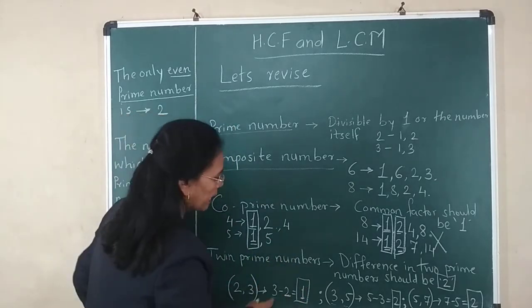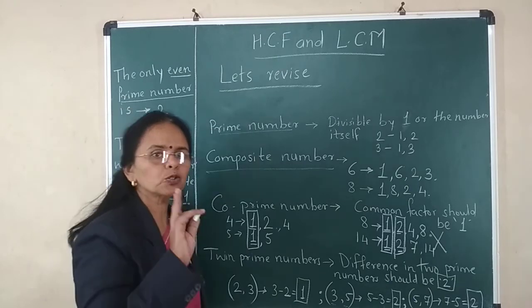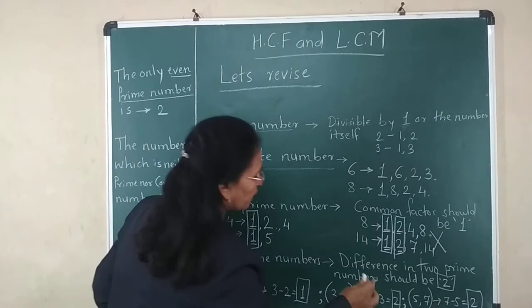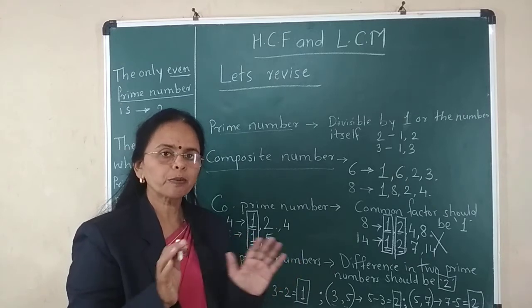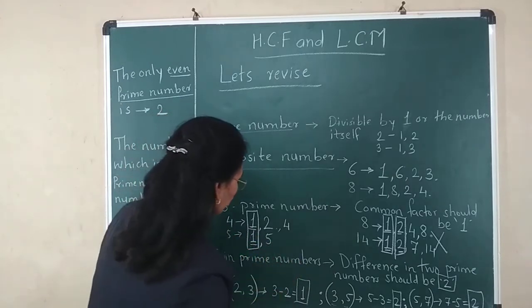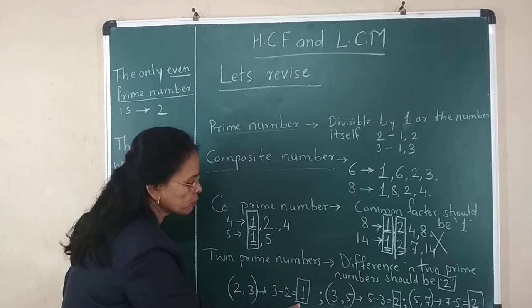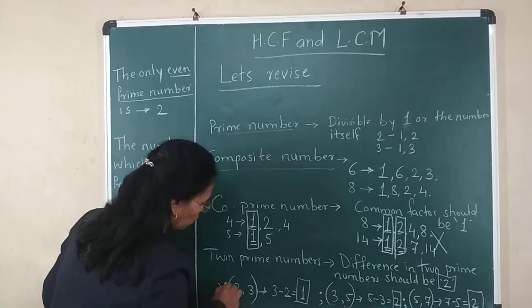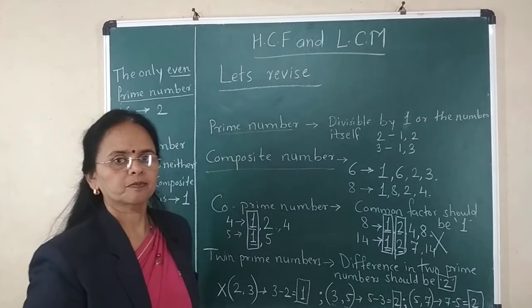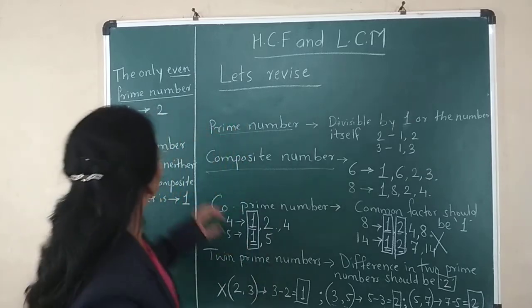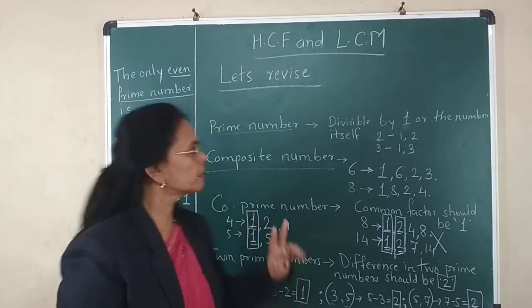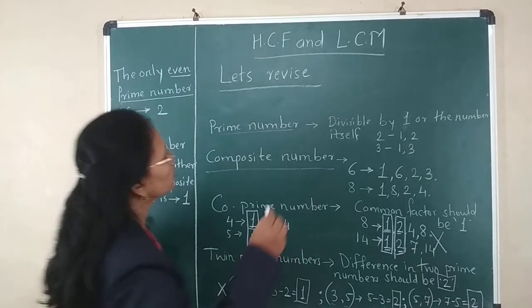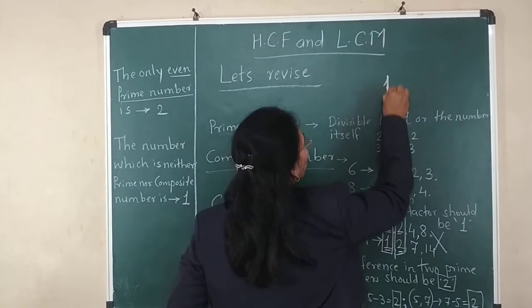Here the difference comes 1, and that's why this is not a twin prime pair. Do you understand?